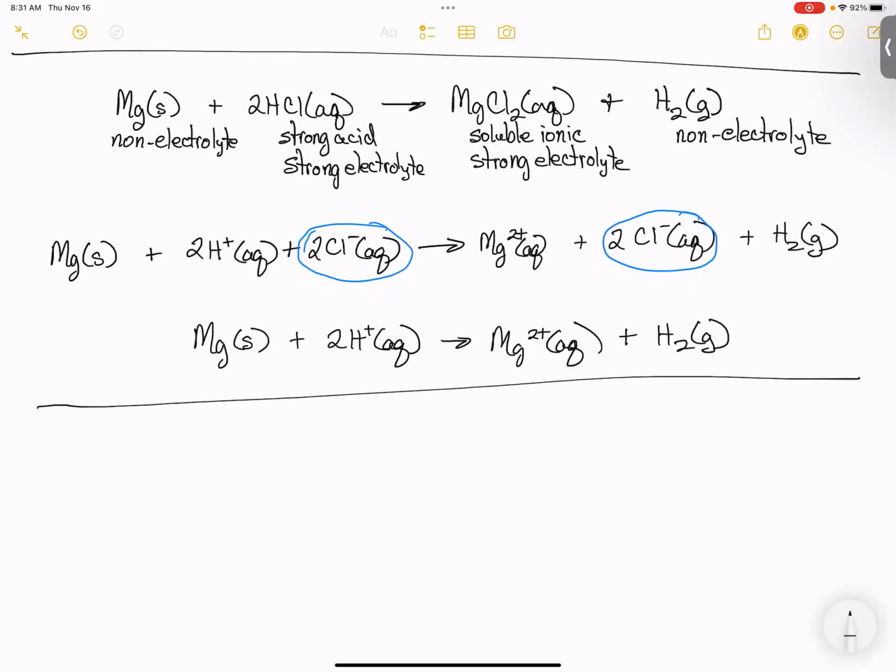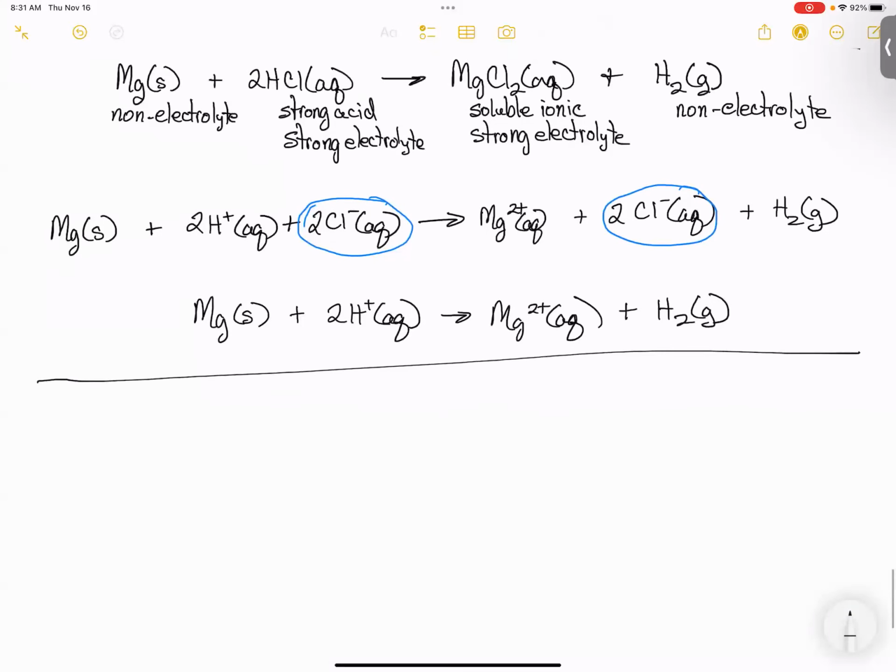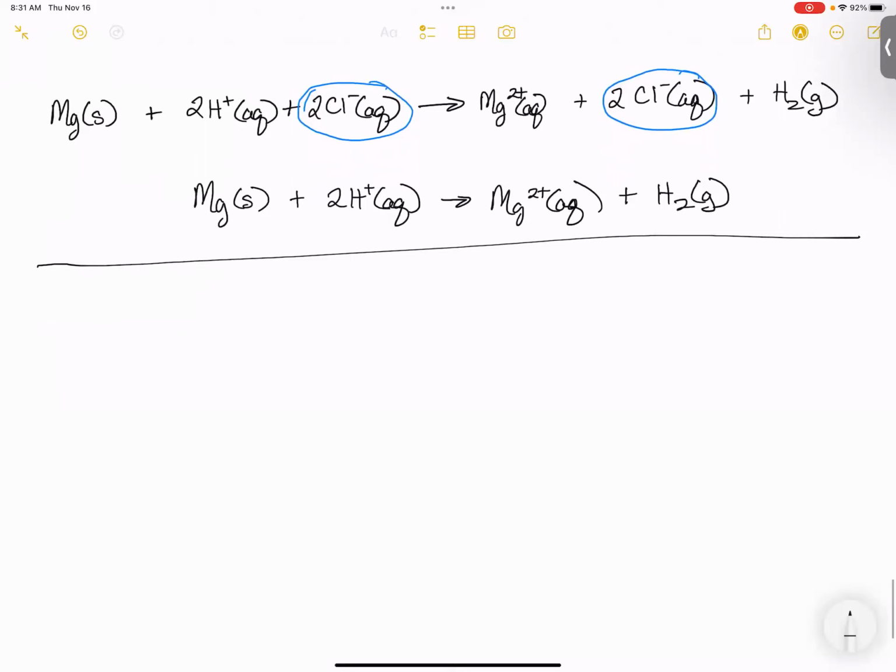Let's look at one more. Last Tuesday, we had hydrochloric acid reacting with sodium hydroxide to form water and sodium chloride.